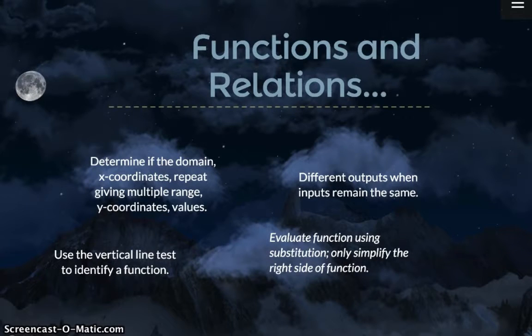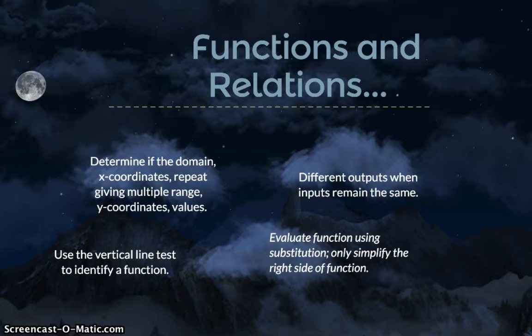Functions and relations. All right, well, we're almost finished with today. Let's see, for identifying functions, look at your domain values and determine if they repeat. If x is your input and it gives multiple values of y, then it is not a function.